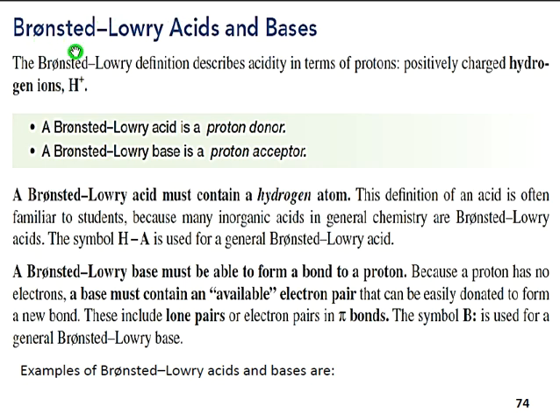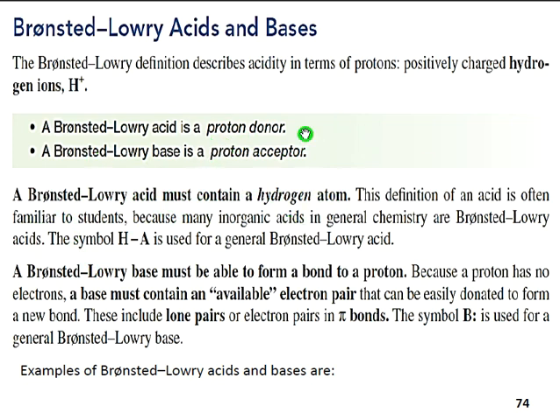Okay, we will start with the Bronsted-Lowry acid and base. As we said before, a Bronsted-Lowry acid is a proton donor. A Bronsted-Lowry base is a proton acceptor. A Bronsted-Lowry acid must contain a hydrogen atom, because it is a proton donor.